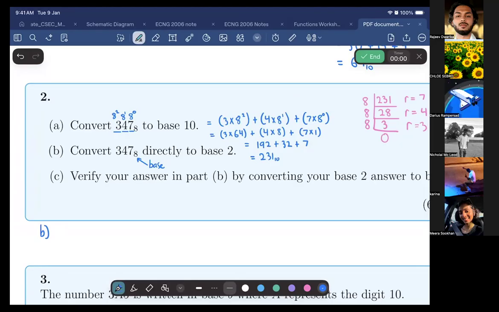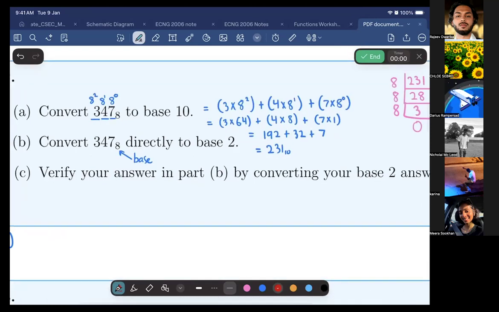So Mira, and everybody else in class, let's look at the two things we learned thus far. Everybody in class, we know how to convert from base n to base 10. I showed you guys how to convert from any other base to base 10.